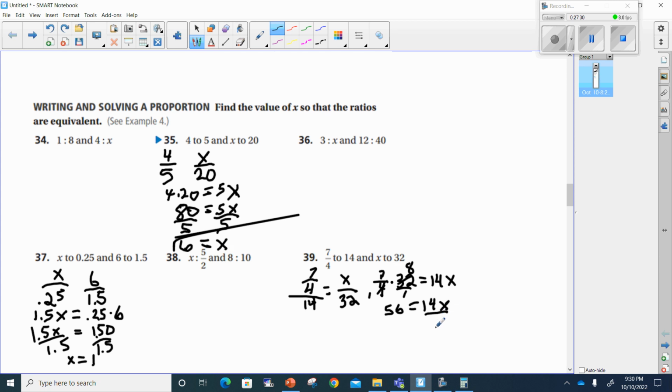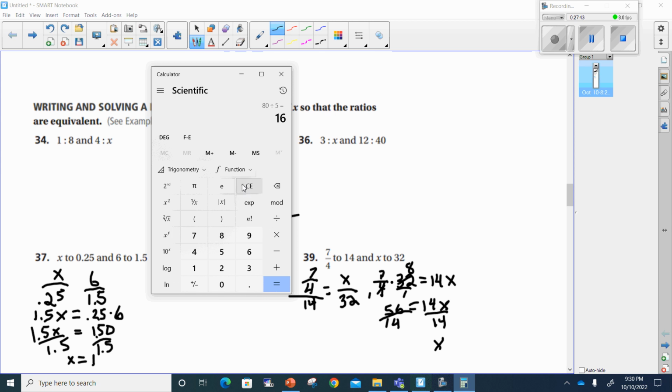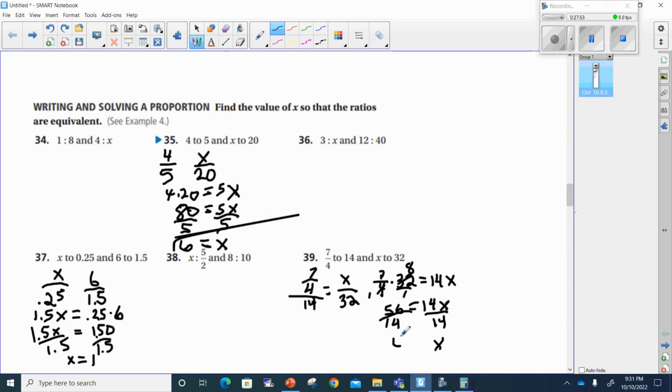I've got to divide 14x by 14 so I get x by itself, which means I'll divide 56 by 14. 56 divided by 14 gives me 4. So x equals 4.